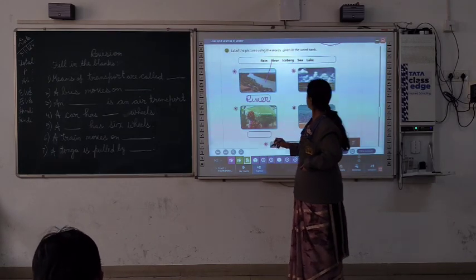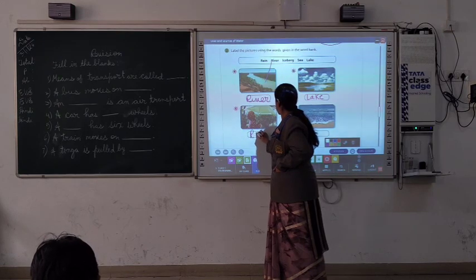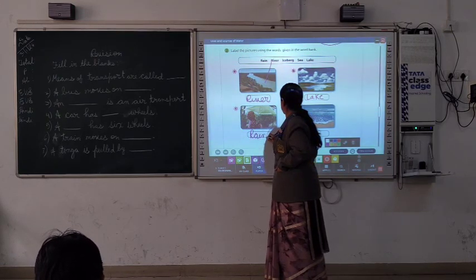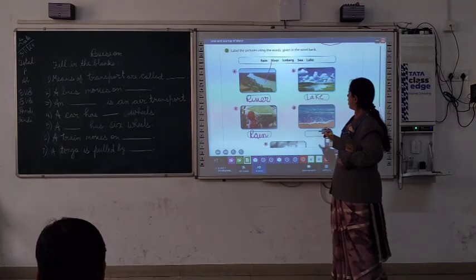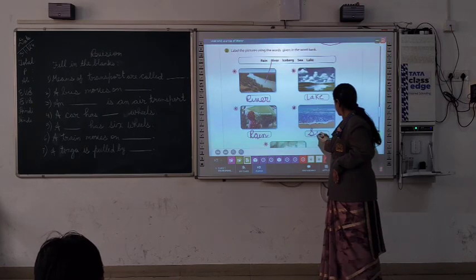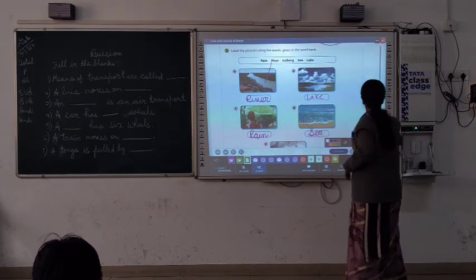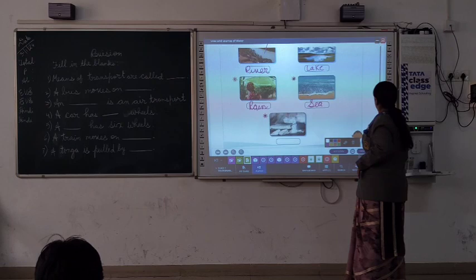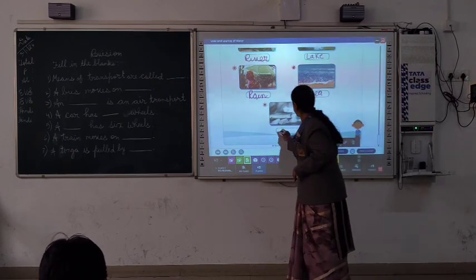Now, in picture C, rain. And this picture is of the sea. And then we have the fifth picture. This picture is of an iceberg. Very good picture.